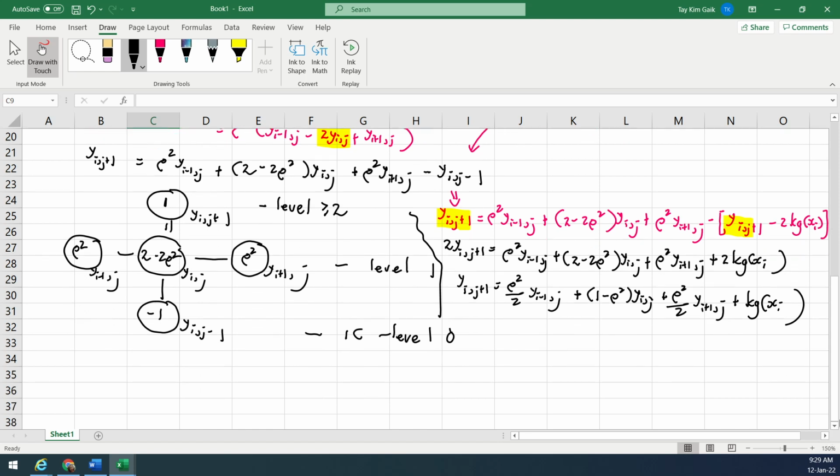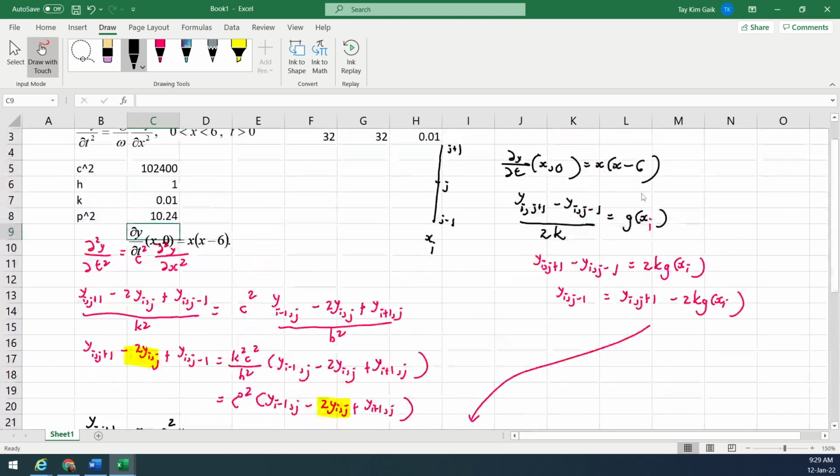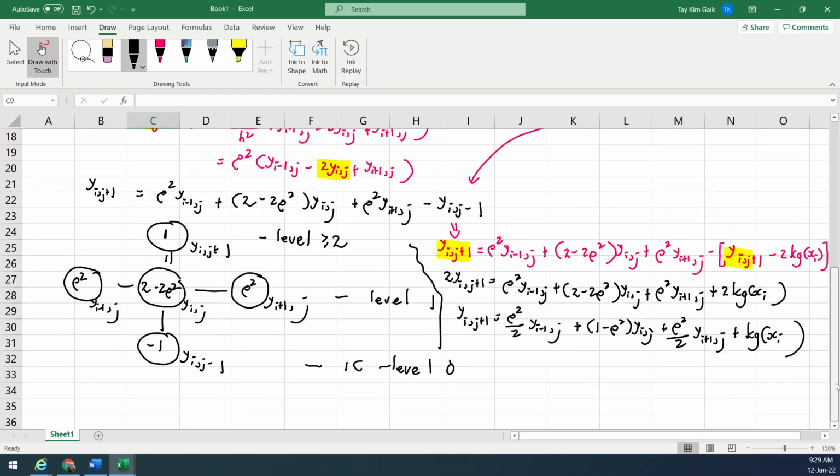And this one is because del y del t happens when t equals 0. t equal to 0 is actually j equal to 0. So here this one is actually for yi, j 0. So it's for level 1 only. Rho squared over 2 yi minus 1, j is 0.